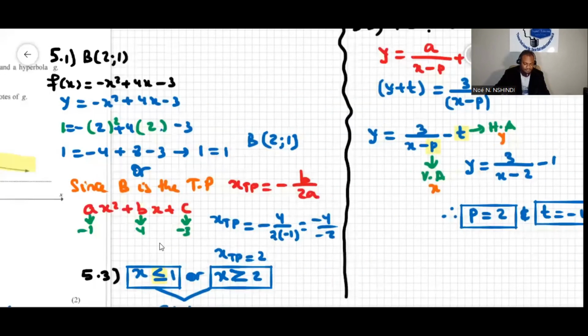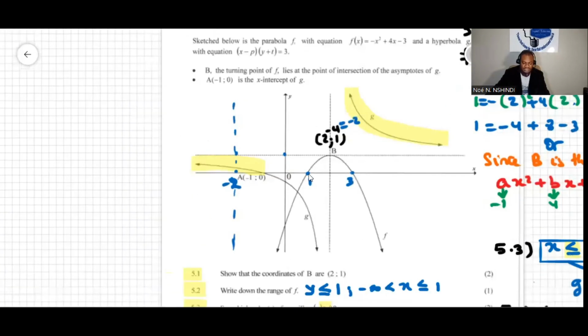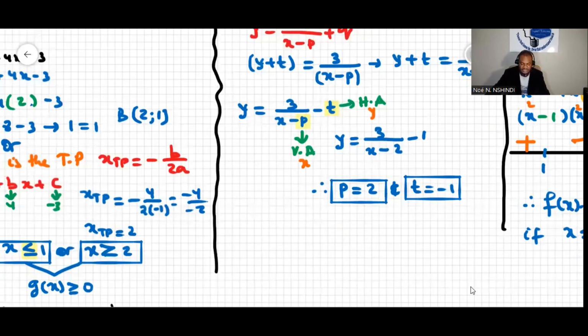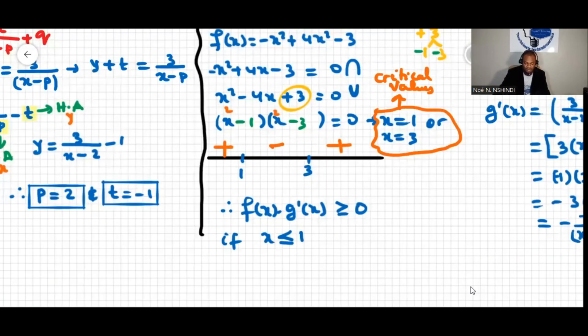If you look here in this interval, negative here times negative g prime will make positive, and negative here also times g prime, which is negative, will make positive. So if x is less than or equal to 1, or x is greater than 3, these are the possibilities for which we can have a product greater than or equal to 0.